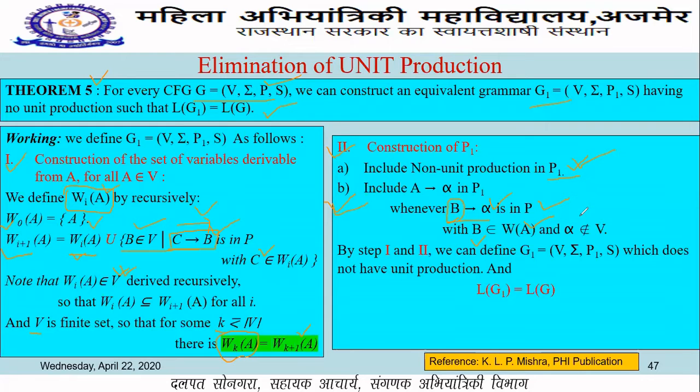It means alpha could be any combination of variables and terminals. It could be a terminal, it could be null also, but it is not a single variable. In that situation, if B belongs to the set of all derivable variables of A and alpha is not a single variable, then we include A tends to alpha in the simplified set of productions P1.